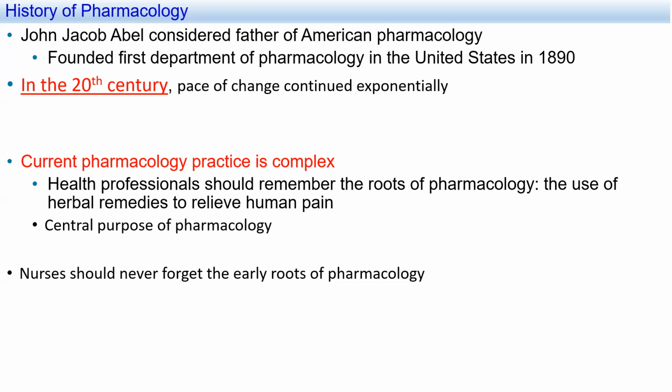So that's the main point, the optimal outcome should be to improve patients' quality of life. Nurses should never forget the early roots of pharmacology, as we remember this ultimate goal is to improve the patient's quality of life.